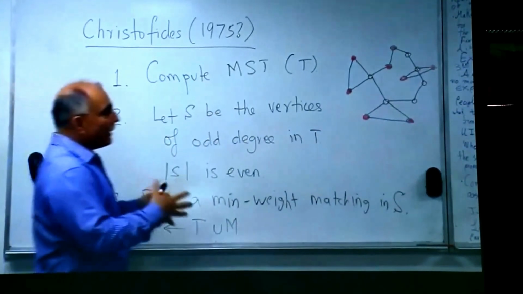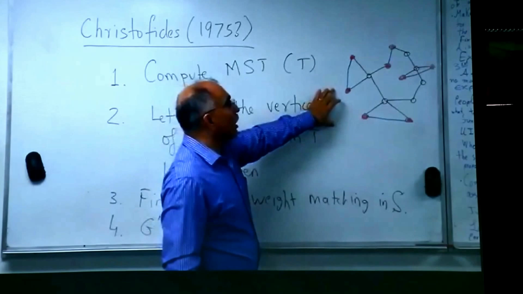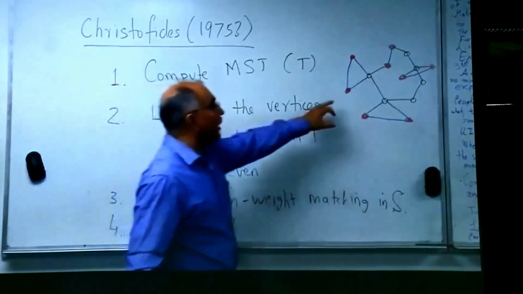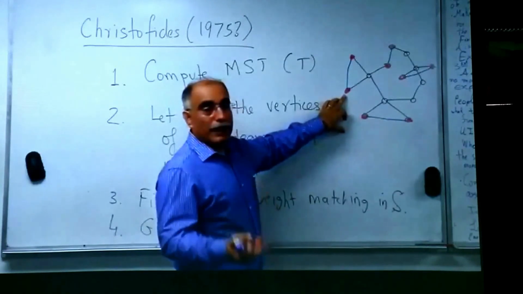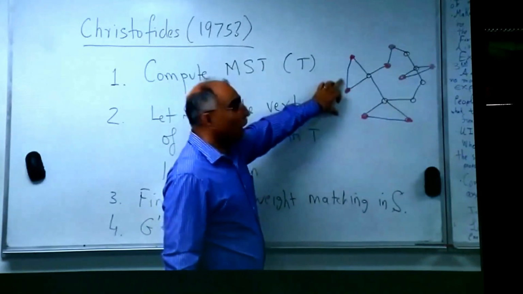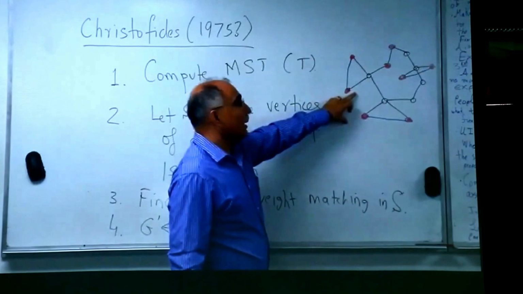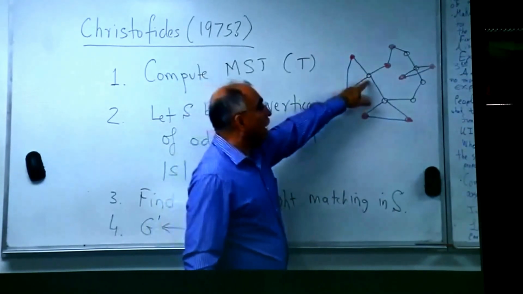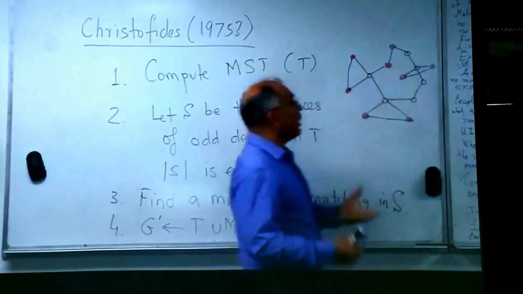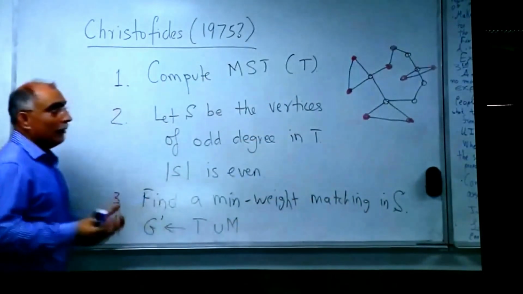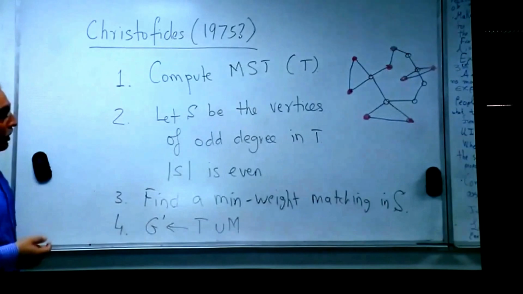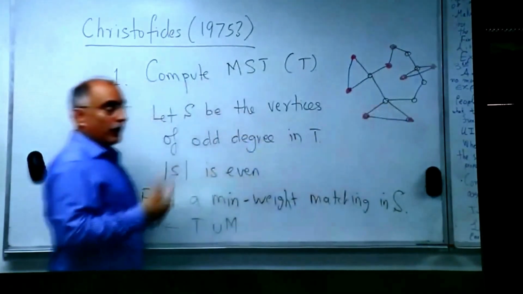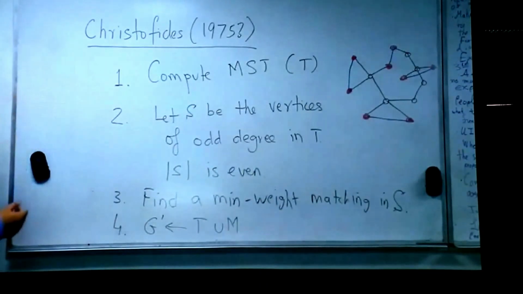Notice that when I take the union of the matching on S with the tree T, the degree of every red node goes up by exactly 1, because there is one blue edge incident on it and an odd number of black edges. So every red node will now have even degree, and the nodes that were white already had even degree to begin with, and we never changed the degrees of those vertices. So now we get a graph G prime which has the property that every vertex has even degree.